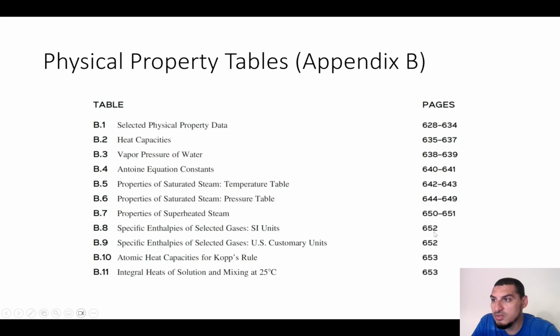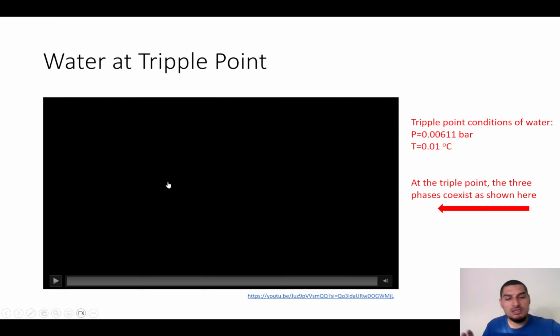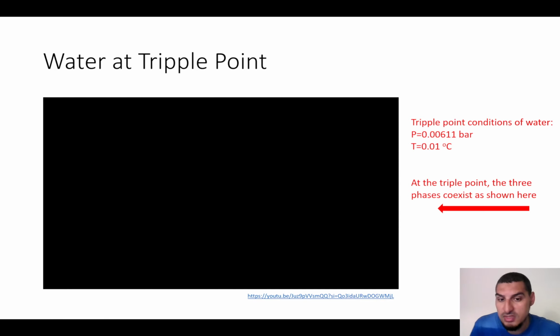Next time, inshallah, we will start looking at the tables. We have some properties that we can find in tables. Right now, we are just interested in the properties of steam, such as the enthalpy. So next time, and I hope these three videos, this one and the previous two, will give a good idea about the basics that we need to understand about the transition from one phase to another, and the saturated vapor and saturated liquid.